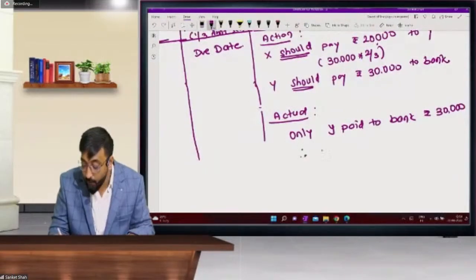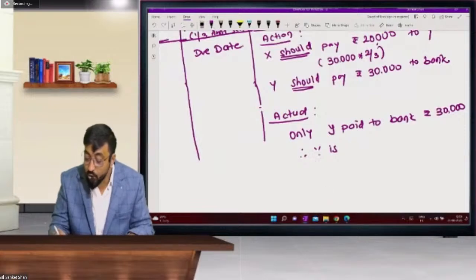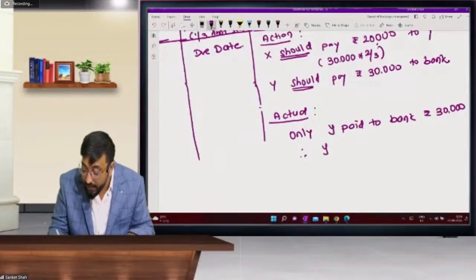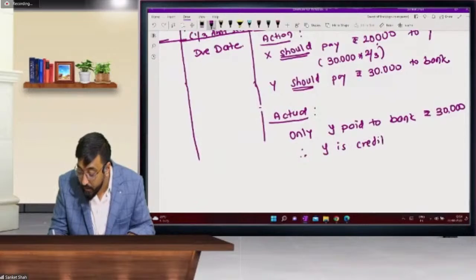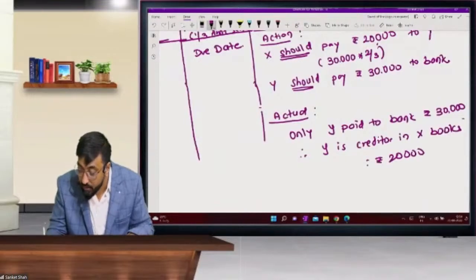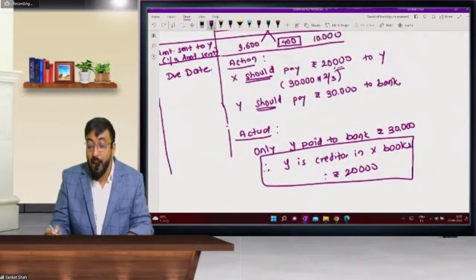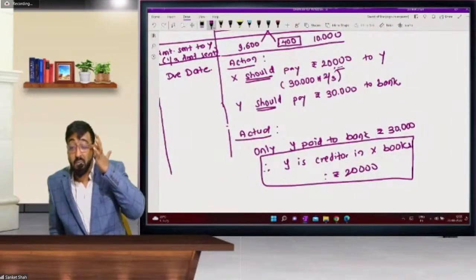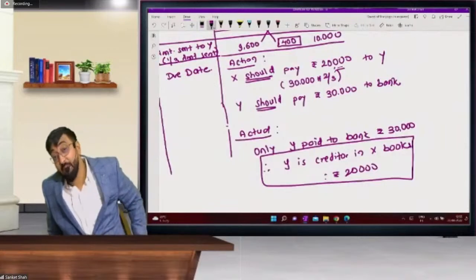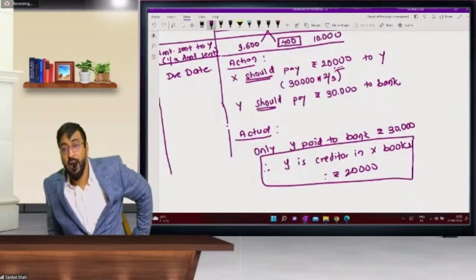And therefore, in books of X, Y is creditor rupees 20,000. X should pay 20,000 to Y. He has not paid, sir. 20,000 पे ही नहीं किया. तो Y को X के बुक्स में 20,000 रुपया क्रेडिट बैलेंस दिखेगा.